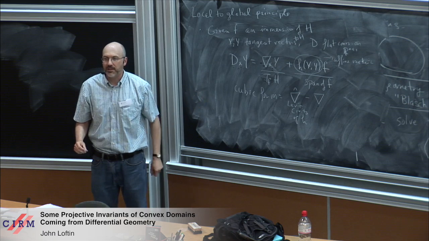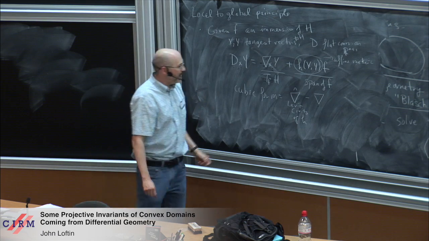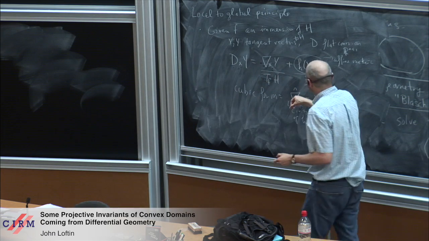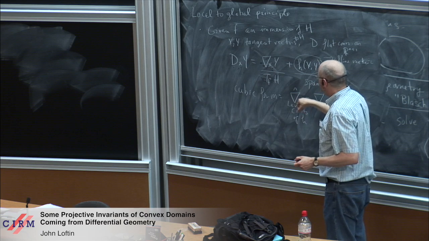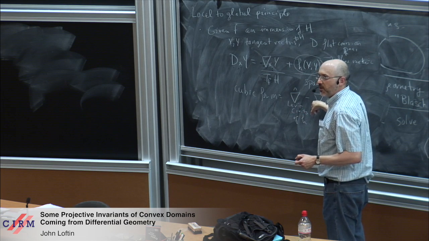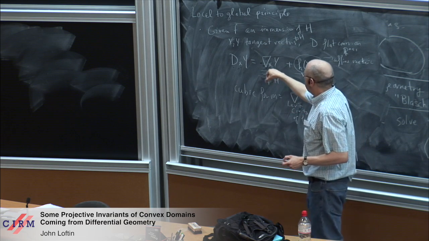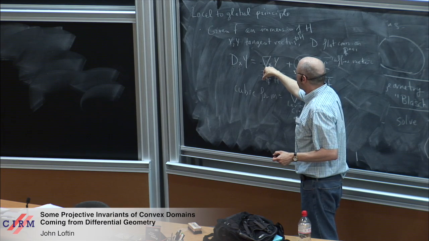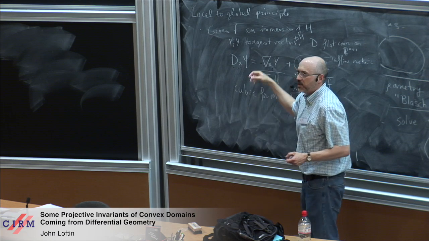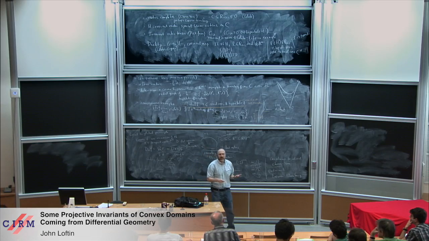And that's exactly the cubic form. And so the cubic form vanishing means that these two connections are equal. In that case, the geodesics are straight lines, and this actually gives you the Klein model of hyperbolic space, which corresponds to the hyperboloid. Okay?